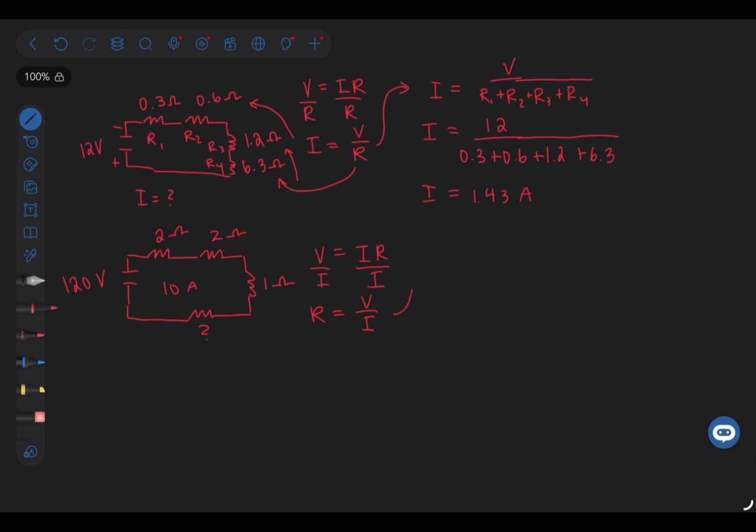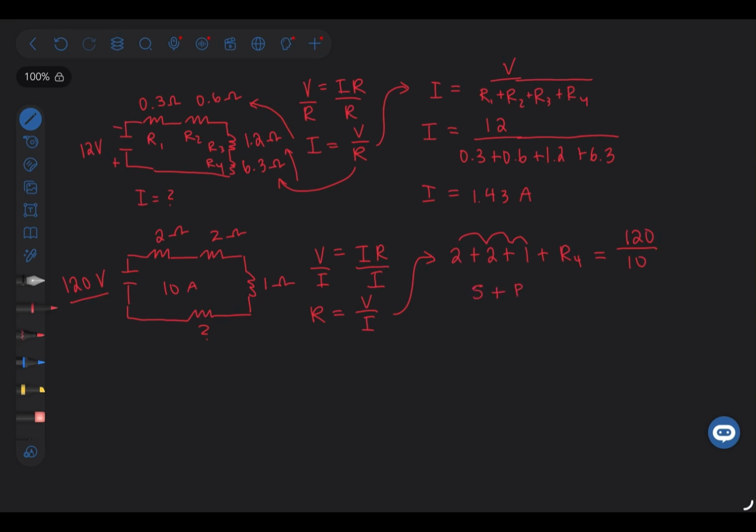Now we're just going to format it like usual. We're going to do 2 plus 2 plus 1 plus, and we don't know what it is, so we're just going to say R4. And we know that it's equal to 120, which is the voltage, divided by the current, which is 10. So 2 plus 2 plus 1 is 5.